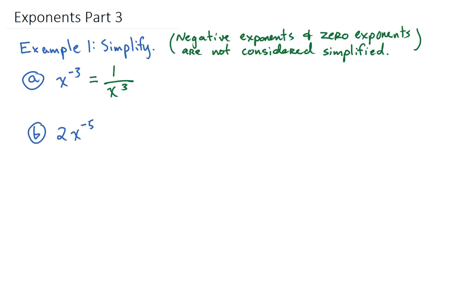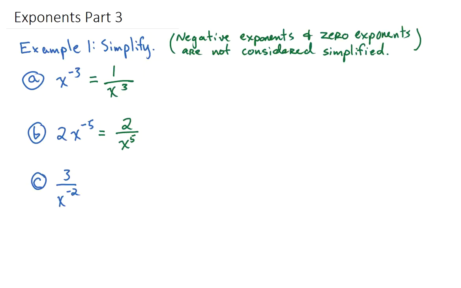But in our original problem, since the parentheses weren't there, it's only saying we're dividing by x 5 times. The 2 we are multiplying by. What that ends up looking like is 2 divided by x to the 5th, or 2 over x to the 5th. The things we're multiplying by are in the numerator. The things we're dividing by are in the denominator.